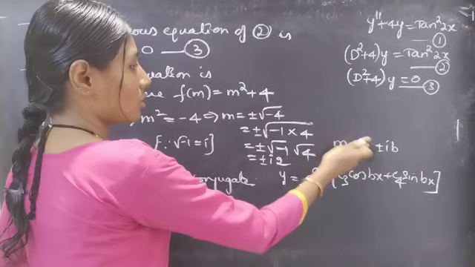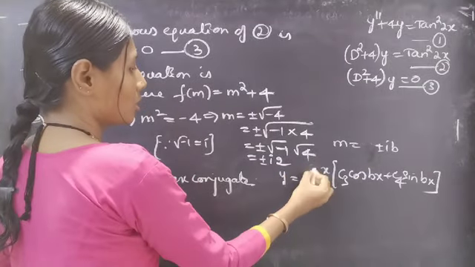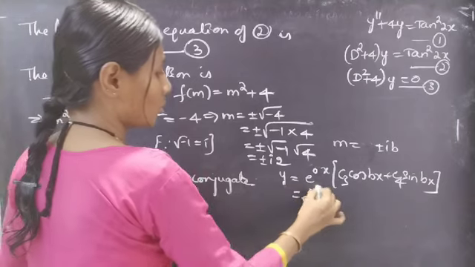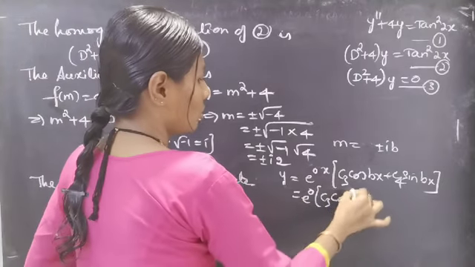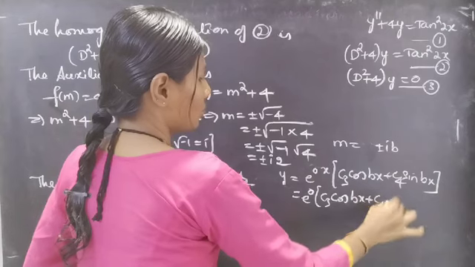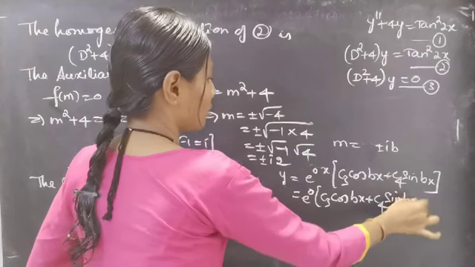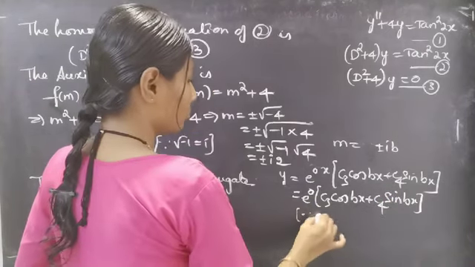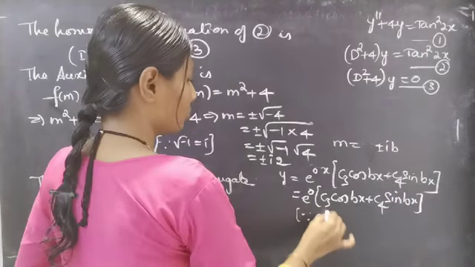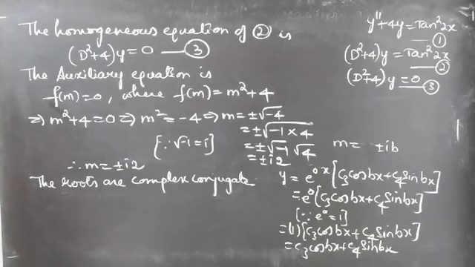In the case of a equal to 0, we get e power 0 into x, which equals e power 0 into C3 cos bx plus C4 sin bx. Since e power 0 is 1, this becomes 1 into C3 cos bx plus C4 sin bx, which equals C3 cos bx plus C4 sin bx.